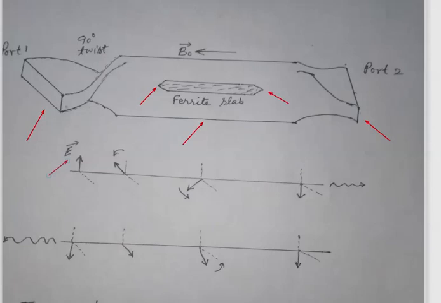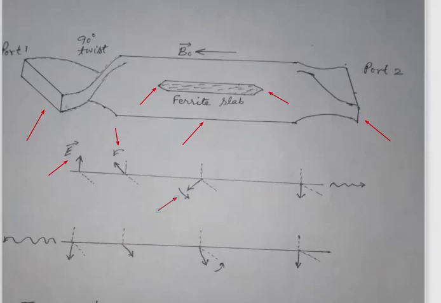When it passes through the 90 degree twist section, its plane of polarization is rotated in the counterclockwise direction, and when it passes through the ferrite slab section, a further rotation of 90 degrees will be caused in the counterclockwise direction by the Faraday rotation effect. So when this wave reaches port 2, its plane of polarization will be rotated by 180 degrees, and it has the correct polarization to transmit from port 2.